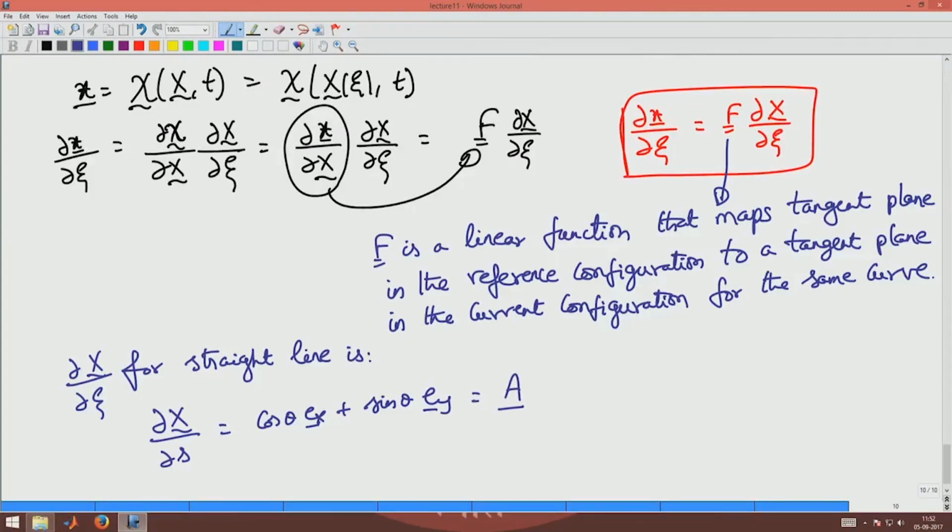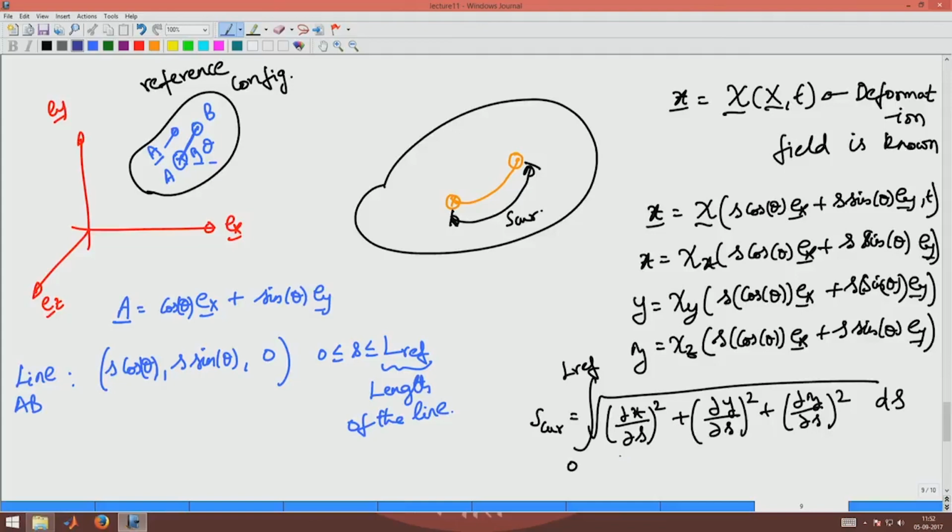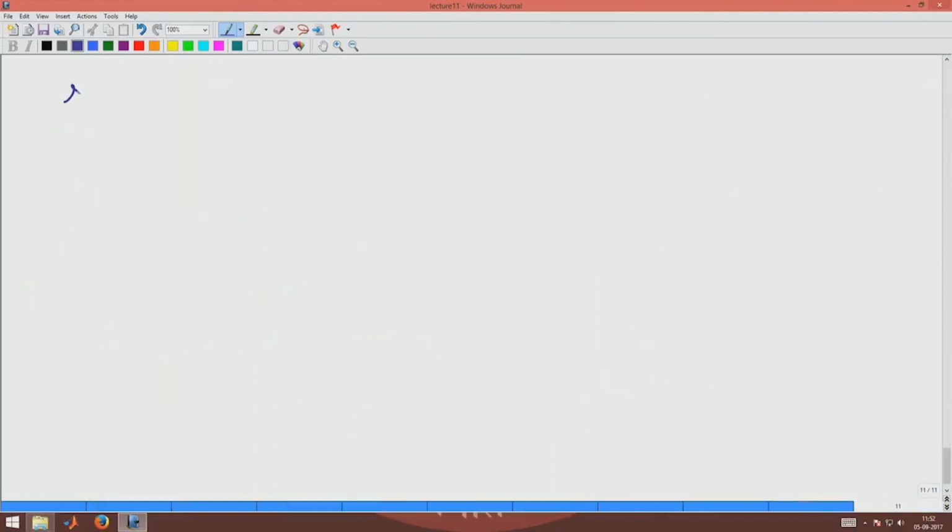So, now going back, this is nothing but the magnitude of dou x by dou psi. This entire thing under square root is the magnitude of dou x by dou psi integrated over ds. So, S current would be the integral of the magnitude of dou x by dou psi d psi from psi 0 to psi n.